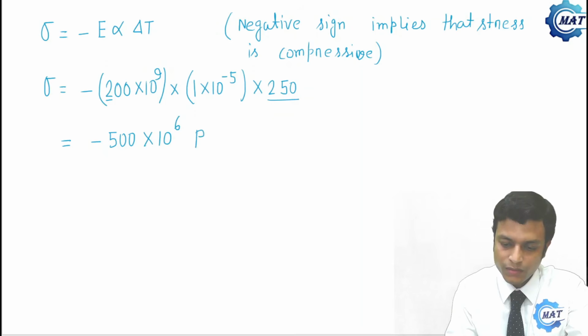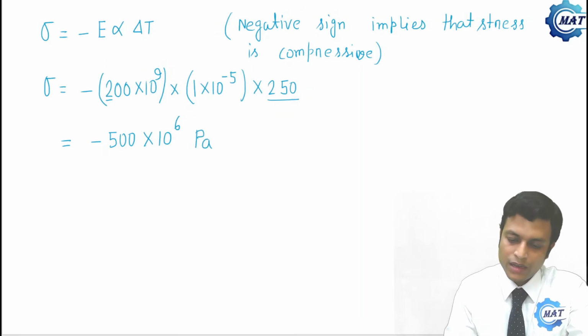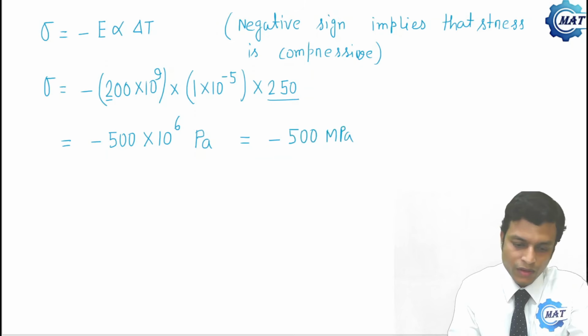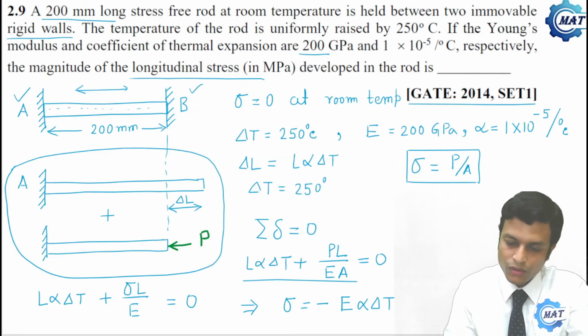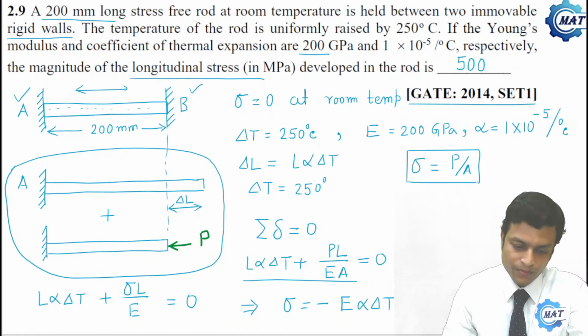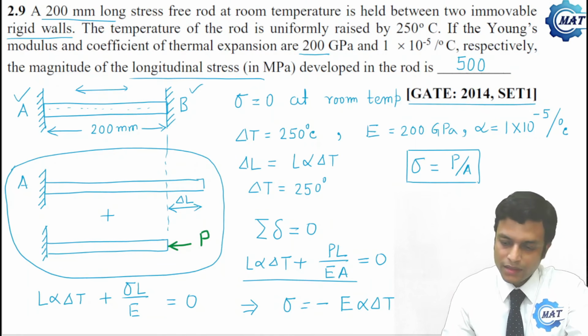This much Pa, and that becomes minus 500 MPa. So longitudinal stress becomes 500 MPa and nature is compressive. So this is the answer to the problem.